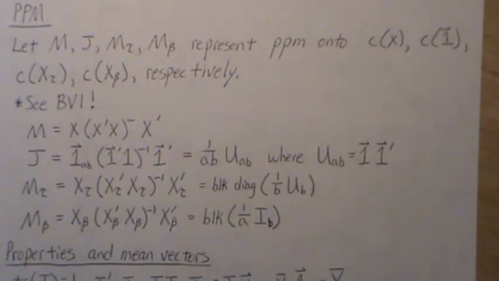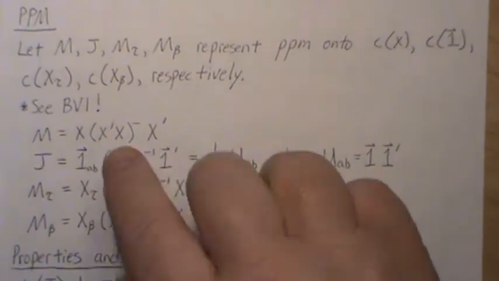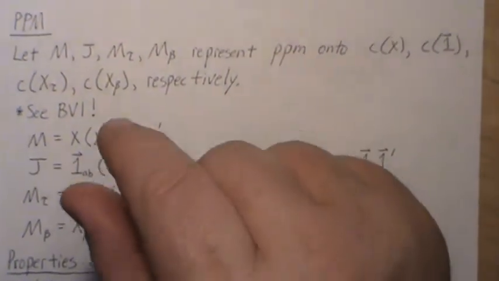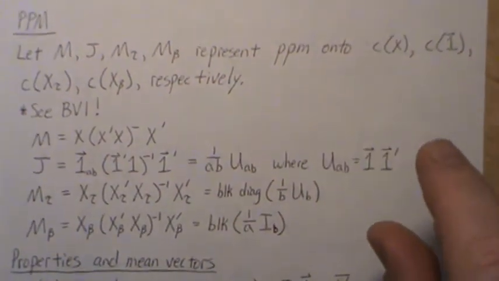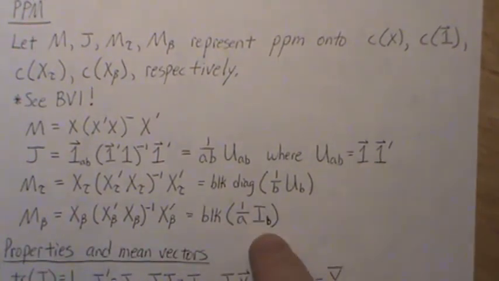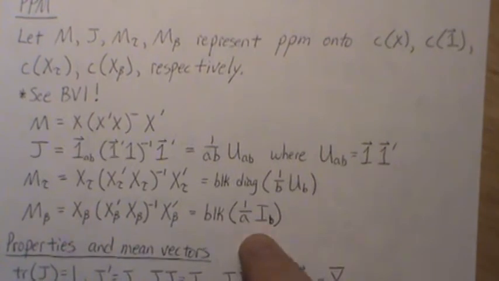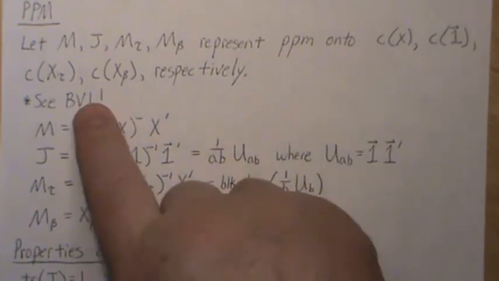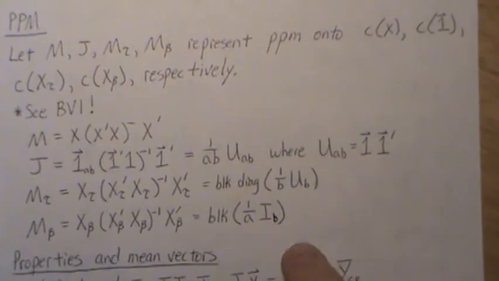Now the perpendicular projection matrix on the column space of X beta is M beta, and it has the same form, X beta (X beta transpose X beta) inverse X beta transpose. And it's block, 1 over A U. Block means that you go by row putting this in it, then you go to the next group and put it in, so you go block by block putting this in it. And see BV1 for more detail on the structures of these.